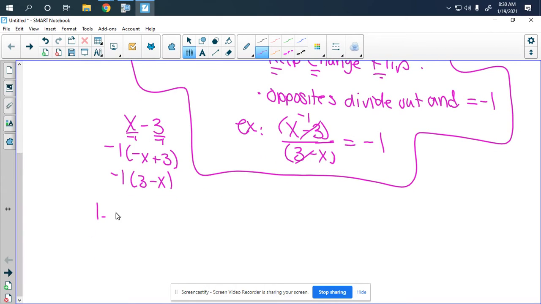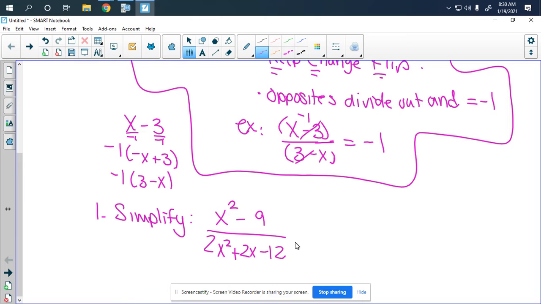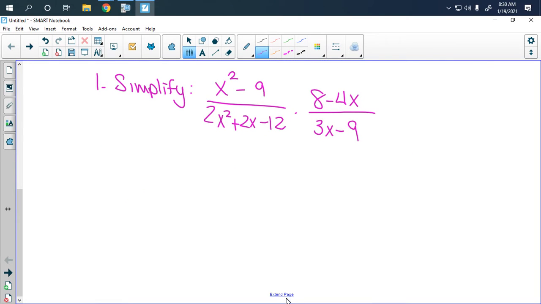So number 1, simplify. X squared minus 9 over 2x squared plus 2x minus 12 times 8 minus 4x over 3x minus 9. Okay, so to do this one, first of all, you want to know what type of problem it is.